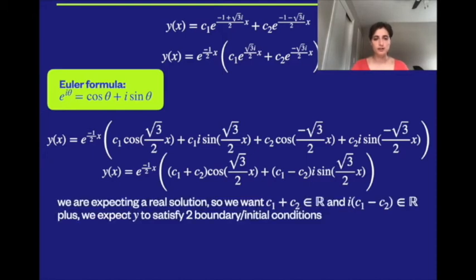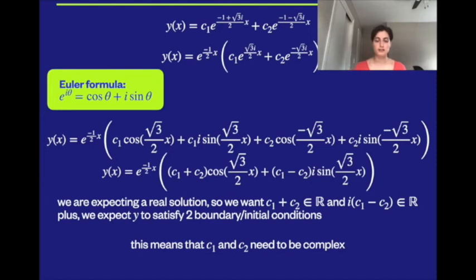I'm going to get rid of it by saying that I want C1 plus C2 to be real, and the imaginary number multiplied by C2 minus C1 to be real as well. We also expect, because it's a second order equation, that we have to satisfy two initial conditions, or boundary conditions. So we still want two levels of flexibility in our final solution. As we solve it, we deduce from these constraints that C1 and C2 need to be complex.